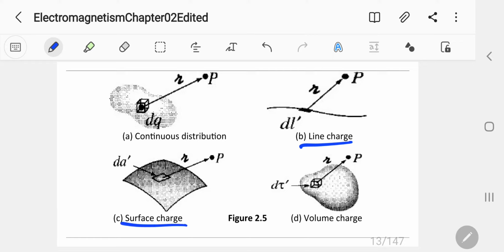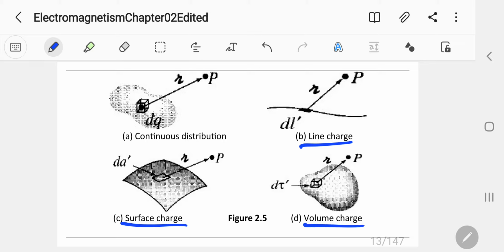For example, if you put a charge on a conducting sphere, the charge will distribute itself on the surface of the sphere. And in a material called a dielectric, the charges are also distributed all throughout the volume. So you also have a volume charge distribution.